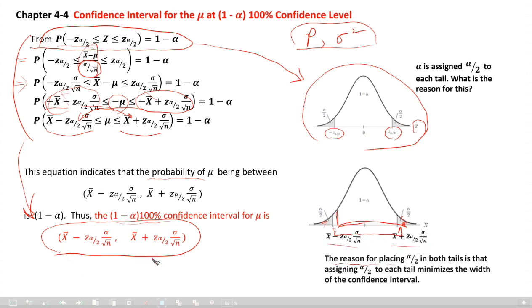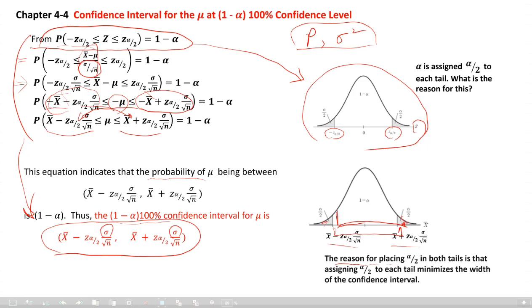This interval is shortest because it is a symmetric distribution. And another thing is we do not know the value of sigma, because it's the population standard deviation. So we have to estimate sigma. I'm going to explain about it next time.